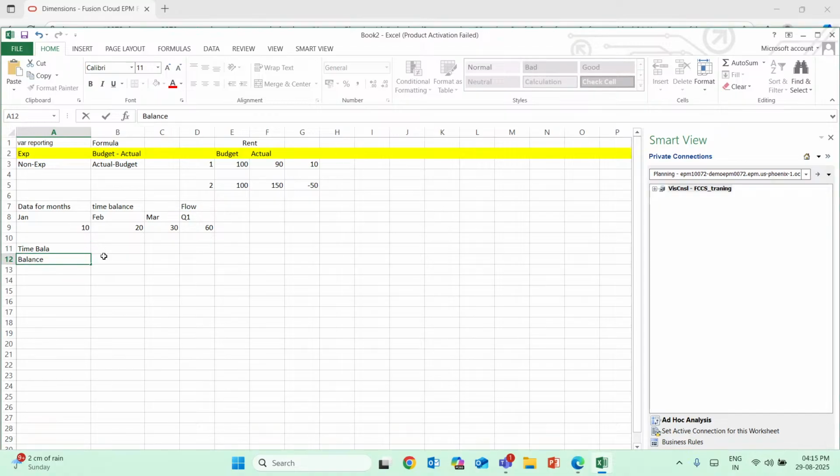Here I have taken the values for January, February, March, that is 10, 20, 30. So for quarter 1, it would be the figure which we have as the balance, so that would be 30.